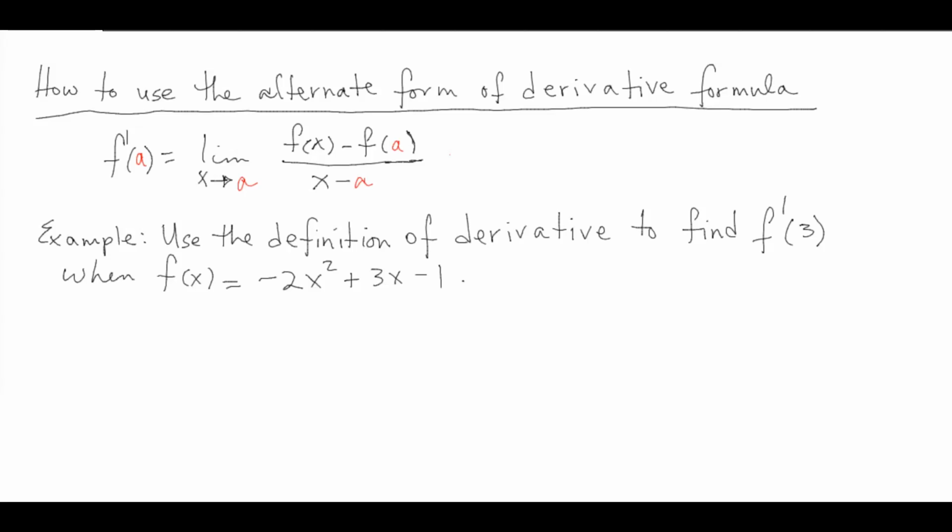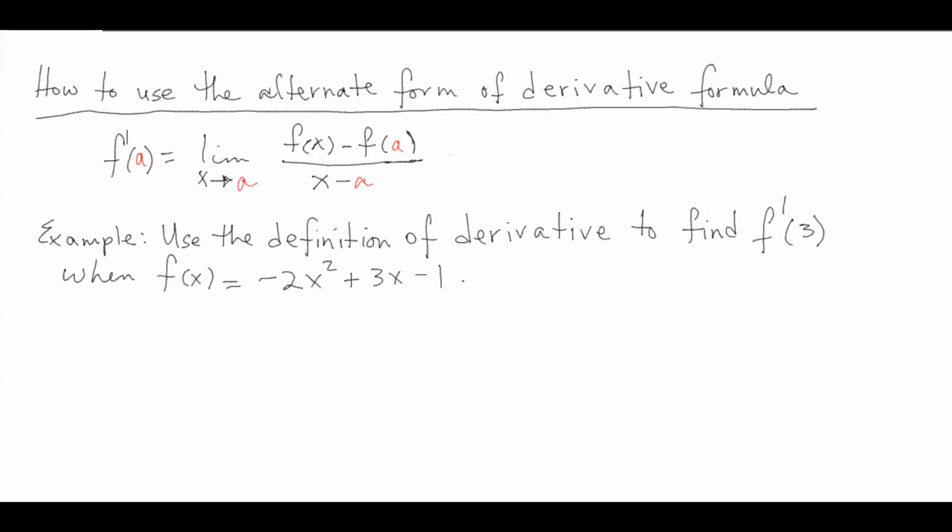The alternate form of the definition of a derivative allows us to find the derivative of a function at a specific point. In this particular case, that point is going to be where x is equal to a.